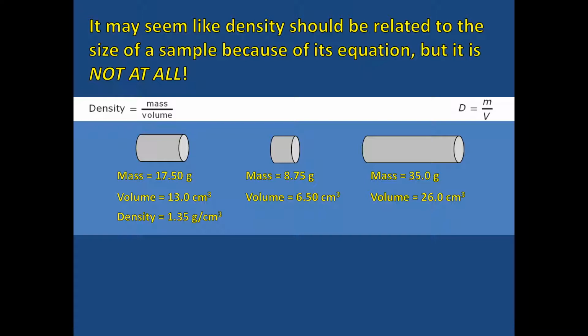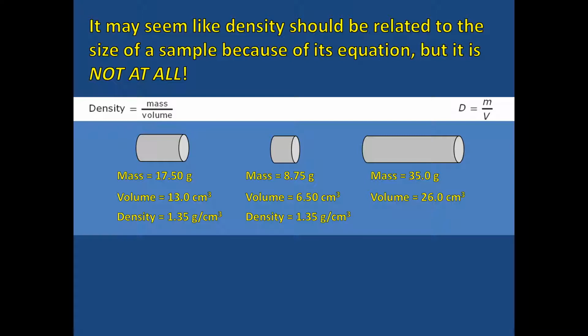So if the mass is 17.5 grams and volume is 13 cubic centimeters, density would be 1.35 grams per cubic centimeter. If I reduce the mass from 17.5 grams to 8.75 grams, volume will shrink to 6.5 cubic centimeters.